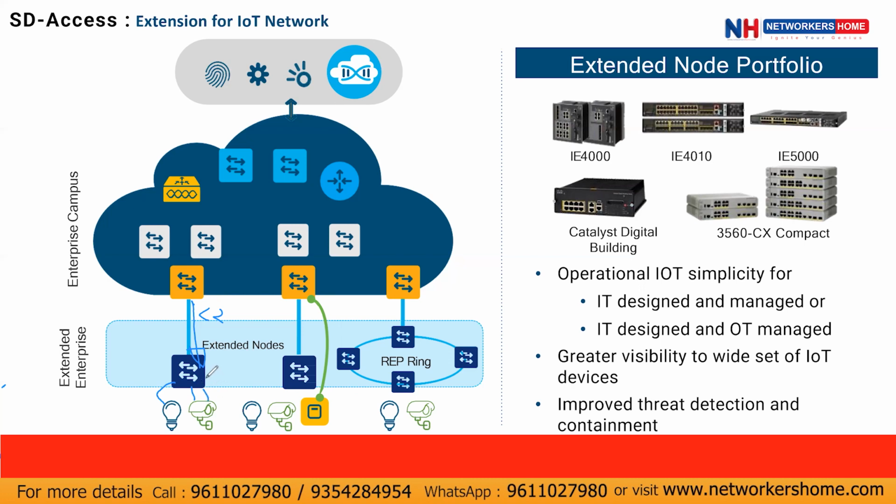It connects to the extended node, and the traffic goes via L2 to the edge node, and from here it's all L3. So you can say that you are adding a legacy access switch to this core switch, but this is your edge node in terms of SD fabric.